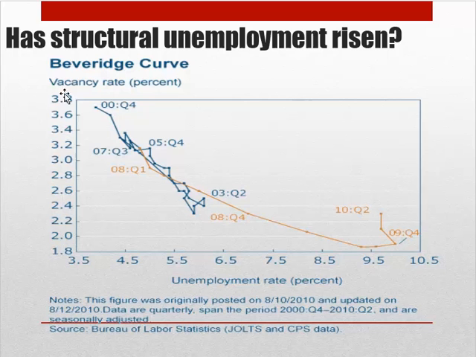What fraction of job openings are vacant? And in general, when we have a high unemployment rate, the vacancy rate is low, because when there's a high unemployment rate, there are lots of workers out there looking for work, and employers have an easy time filling the jobs.